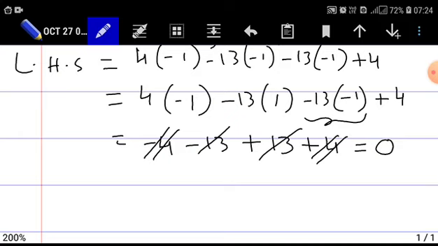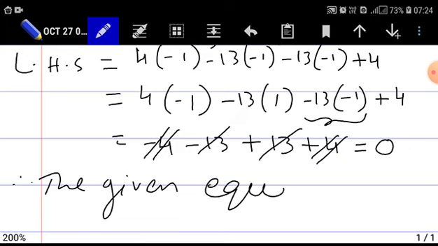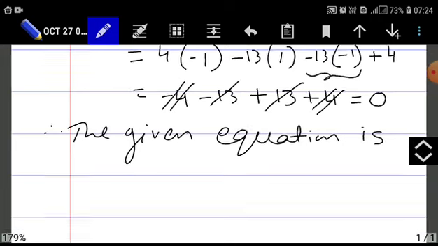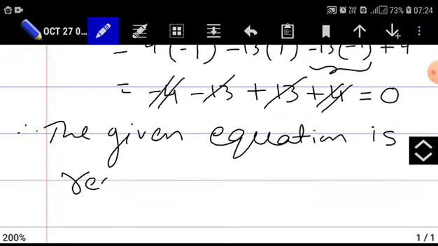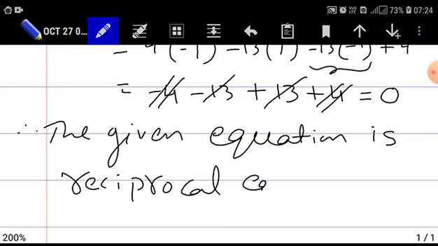So the given equation is a reciprocal equation. Therefore we can write the given equation is a reciprocal equation of class 1.